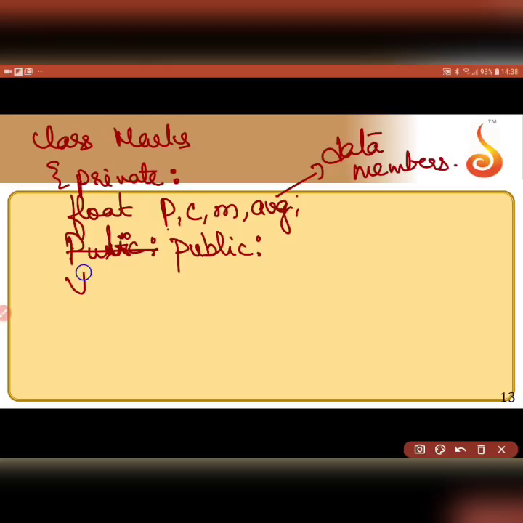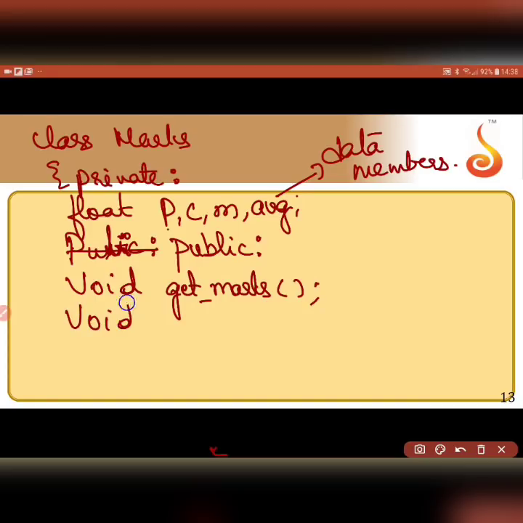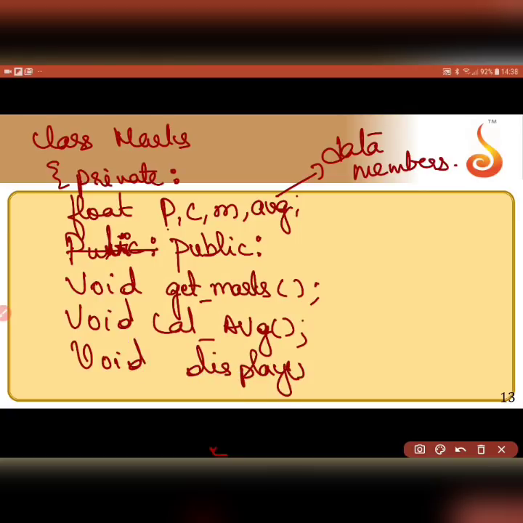So I will say void, because let me write a void function which will not return any value. Get marks, let it be the name of the function, open and close brackets, then void calculate average, and then void display. And I am ending my class.